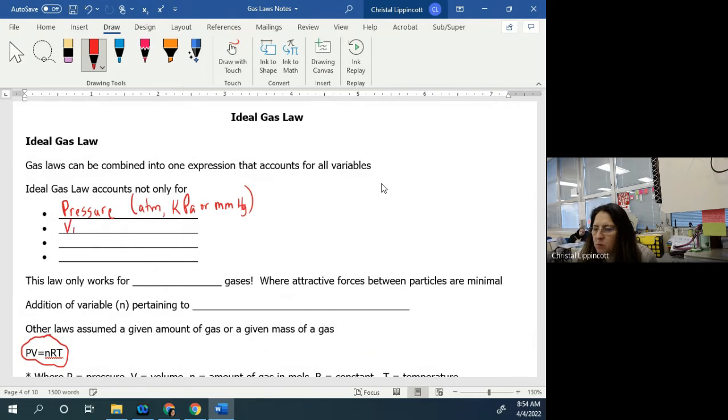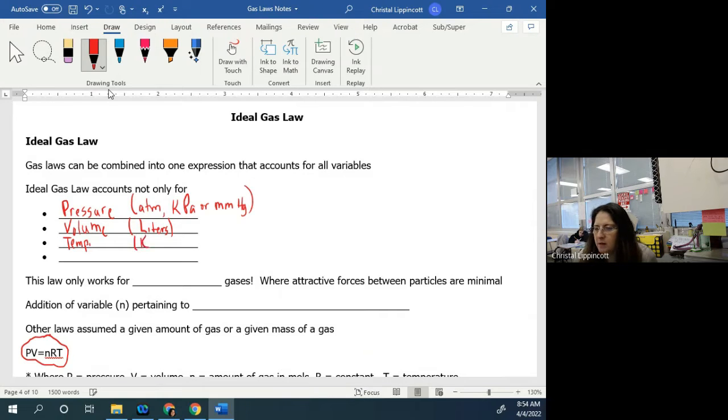Volume, which we've already studied as well, which has to be in liters here. If it's not in liters, you got to get it there before you can use this equation. Temperature, which has to be in Kelvin.